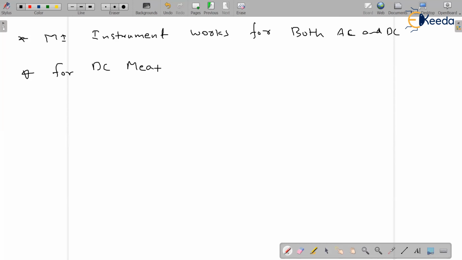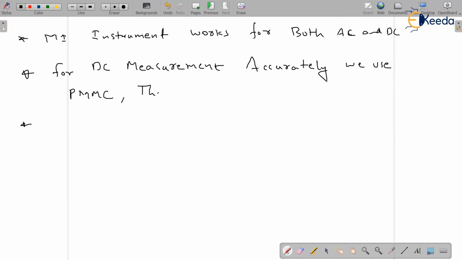For accurate DC measurement, we use PMMC. Therefore, MI is used only for AC.